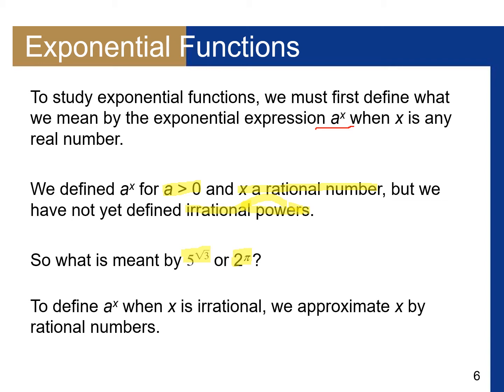When the x is irrational, though, we can't use it directly, so we approximate it by using a rational number, and that's usually how that's handled. So it's not that exponentials do not exist with irrational numbers. They're normally handled by giving them a close approximation to a rational number.